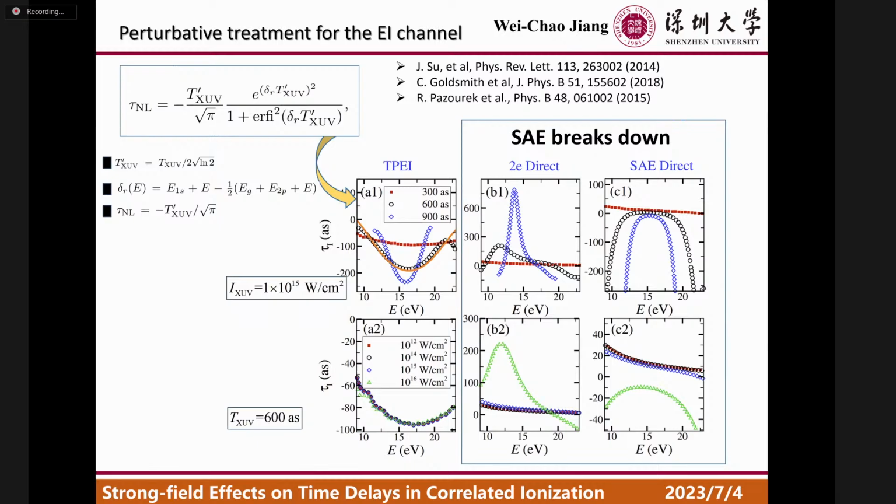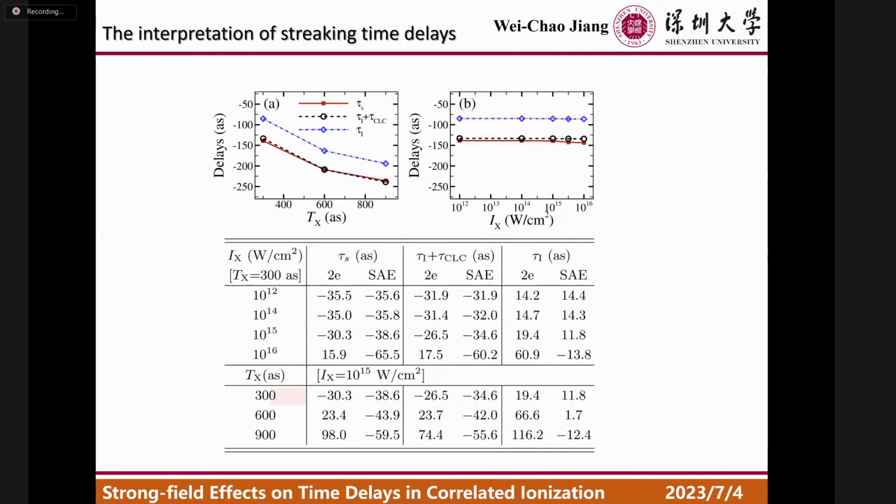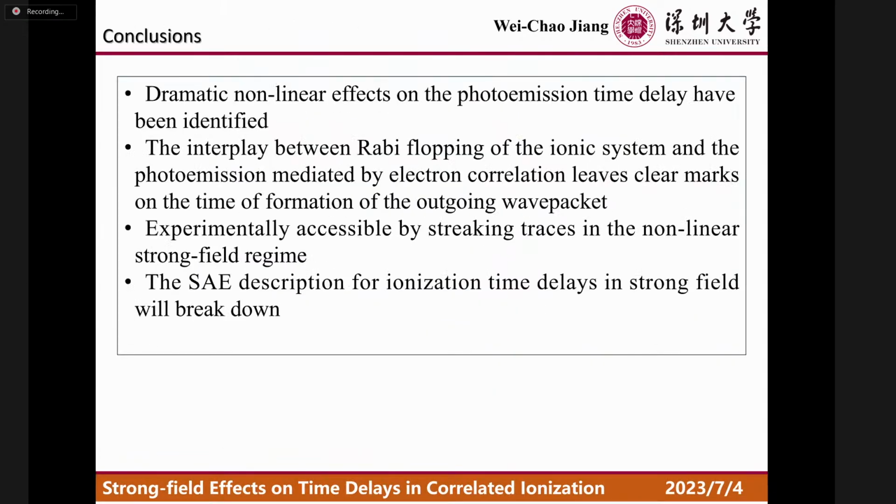I'm sorry. Okay, I will give a quick conclusion for our studies. Our studies show that dramatically nonlinear effects on photoemission time delay have been identified, and we found that the Rabi oscillations in the core can lead to both positive and negative streaking time delays.